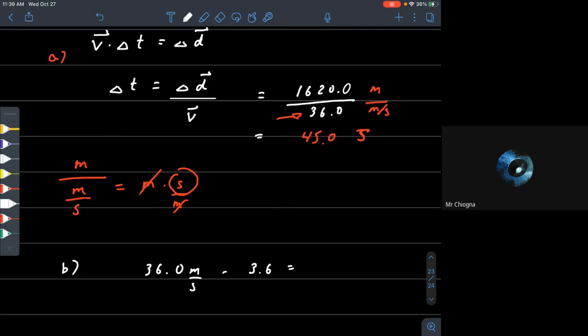Okay, so that's 130. 1.3 times 10 to the 2 kilometers per hour. So when you're going from a smaller unit to the bigger unit, kilometers is bigger, so if you're going from smaller to bigger, multiply by this. Okay, read over 7.